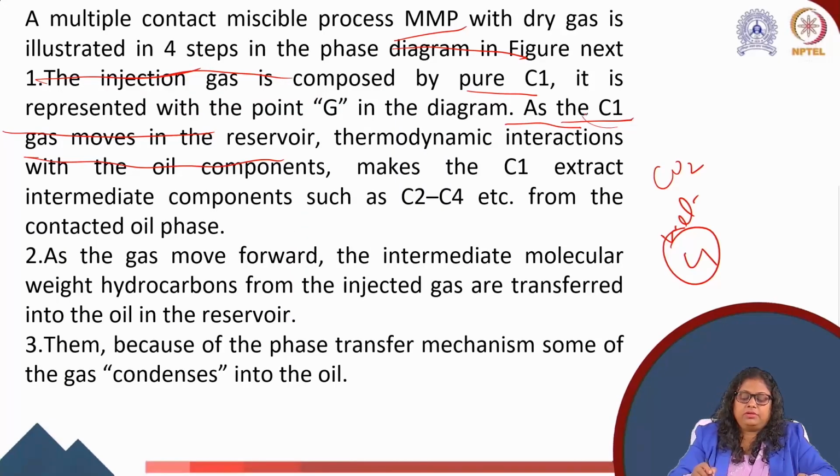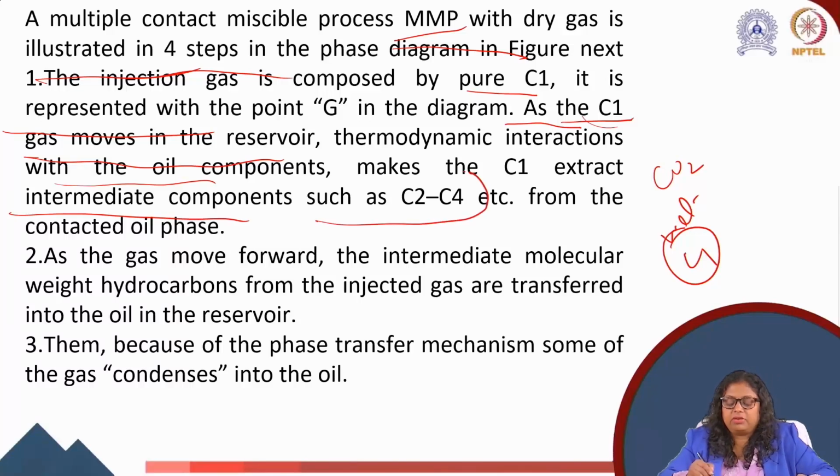So let's see this one. As C1 gas moves in the reservoir, thermodynamic interaction with the oil components occurs, and this makes the C1 extract the intermediate components, C2 to C4, from the contacted oil phase. This is my first phenomenon. First there is injection of a gas, which is C1.